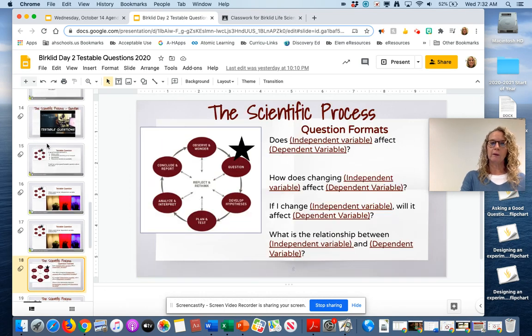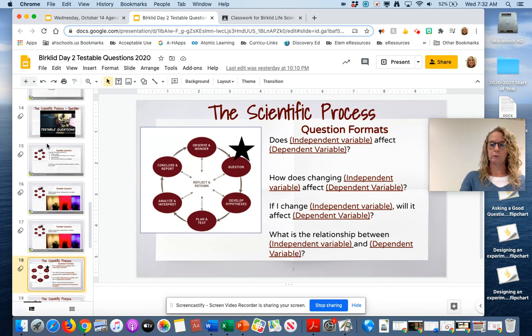So now, there's different formats when you write a good question. If you already know what your independent and your dependent variable is, it really makes it easier to write a question. The question format is you just insert the words: does the independent variable affect the dependent variable? So I'm going to ask you in the next slide to try to write a question.